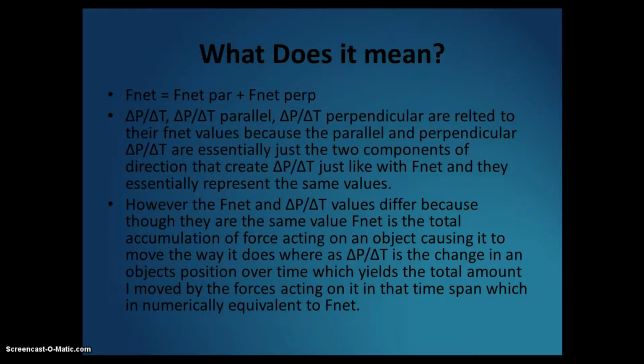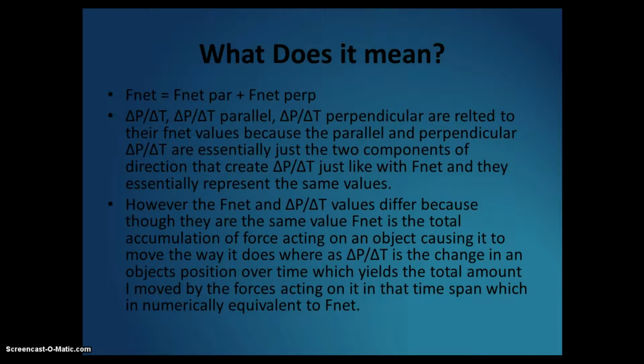The what-does-it-mean question wants us to compare Fnet and dp/dt and see how they are similar and different. The Fnet is the total force that is acting on the object, and the Fnet parallel and perpendicular are essentially just the two components that create this force.